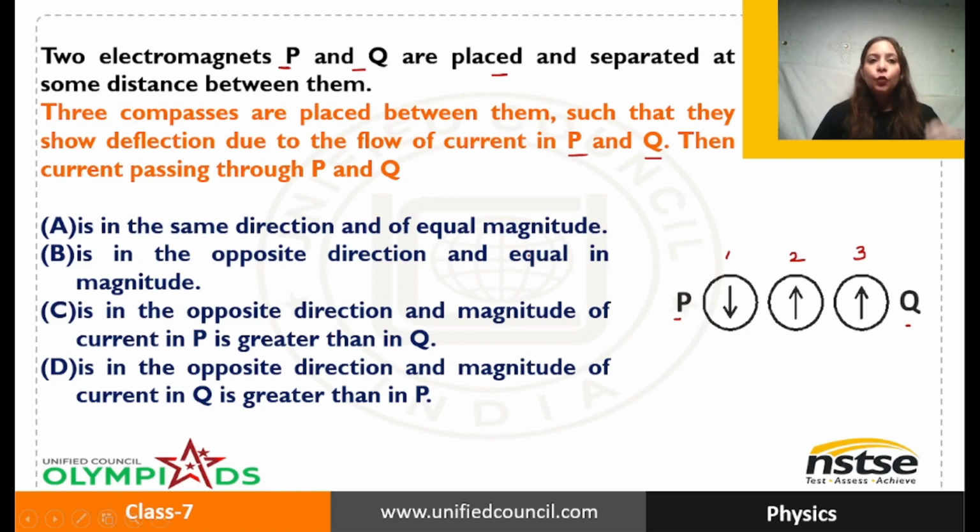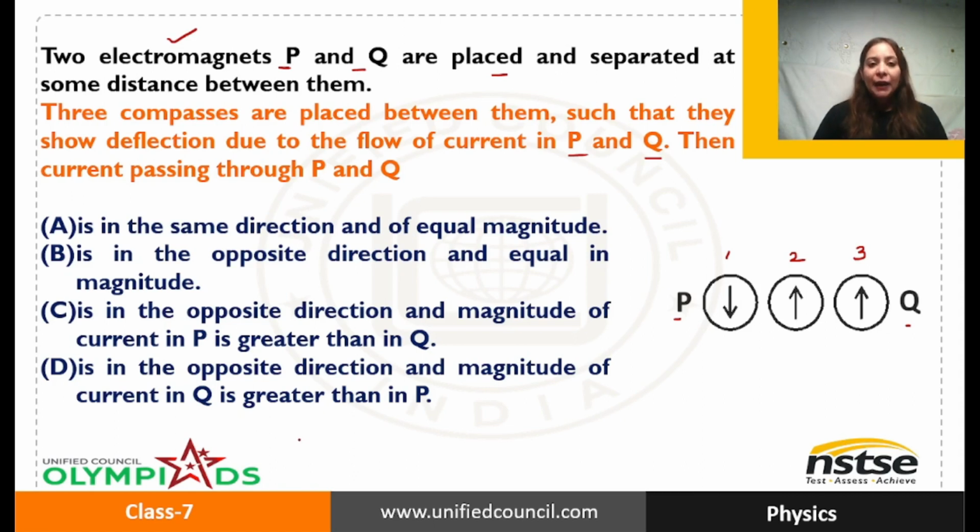So before we move further, I would really like to introduce you to some new terms. First, let's talk about the electromagnet. An electromagnet is a substance which starts behaving as a magnet when you pass current through it. We know that a magnet has the property to attract things. You must have played with it also.